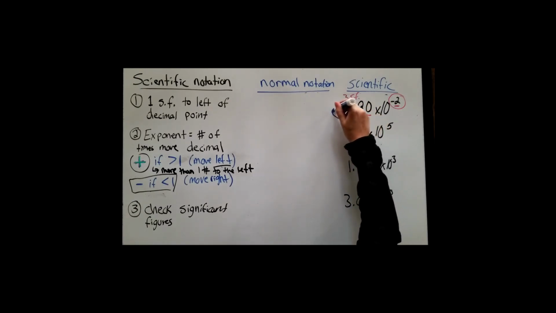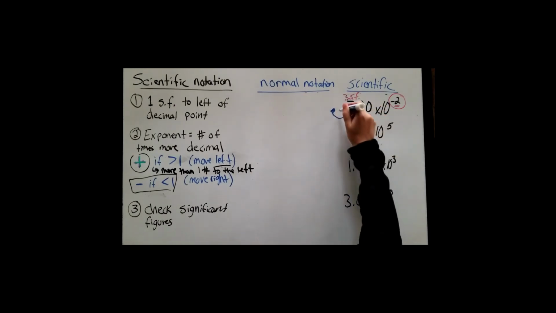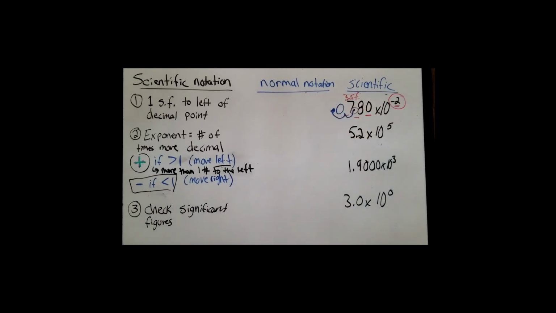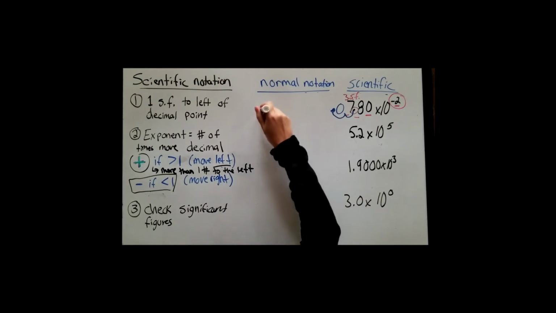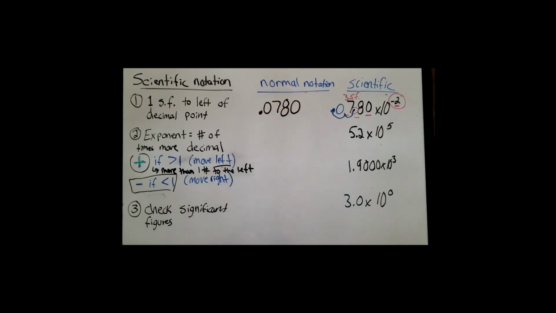1, 2. My new decimal point's now here. But notice I have an empty space. What are we going to put in the empty space? A 0. So our normal notation form becomes 0.0780. Now I always want to check my significant figures at the end.